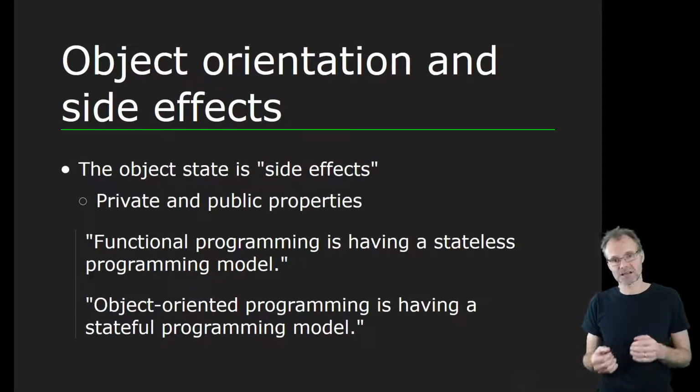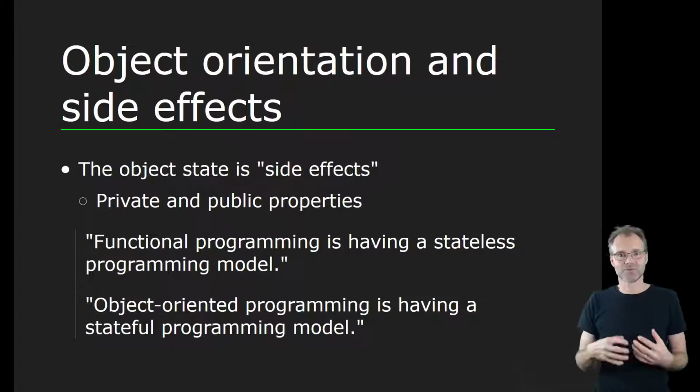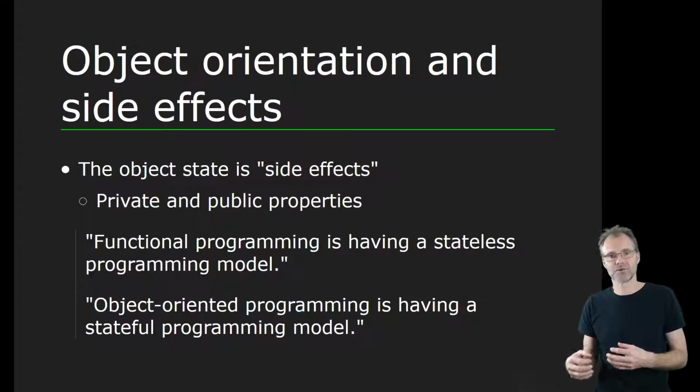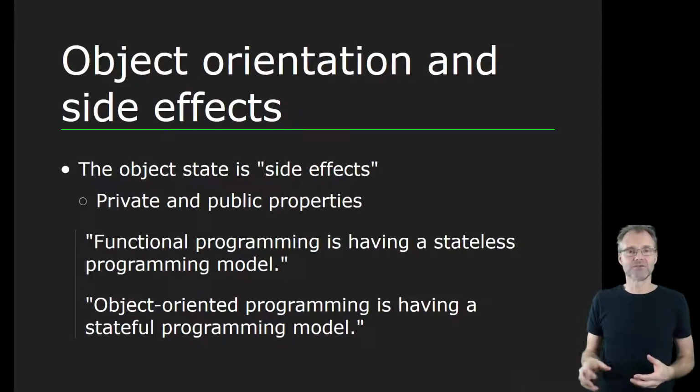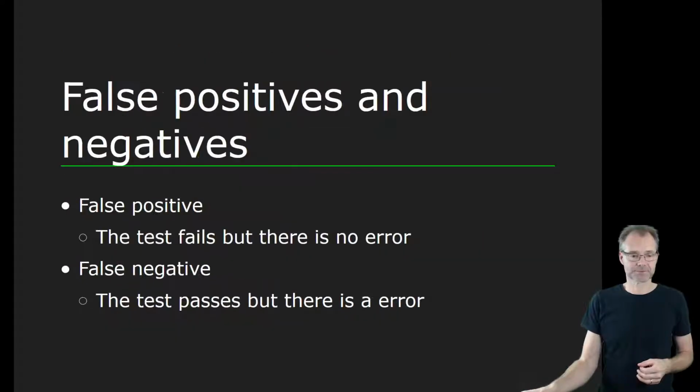The application does not, in general, have a state. We are mainly focusing on functions returning a value without changing a state. So depending on the programming model we are using, that might affect how we sort of need to write our unit tests.